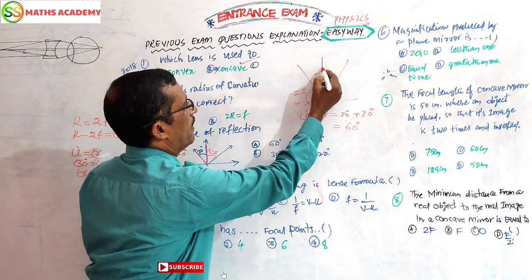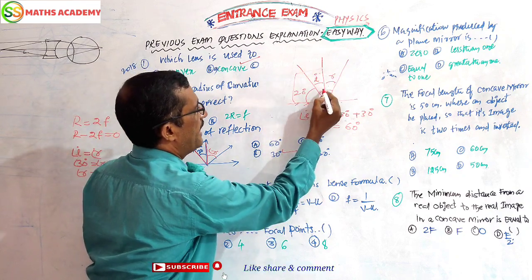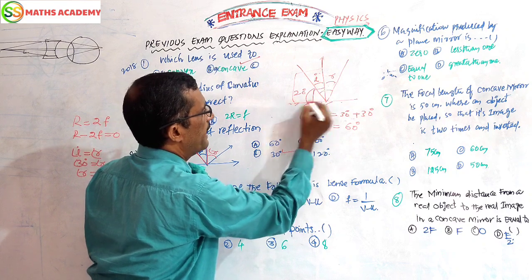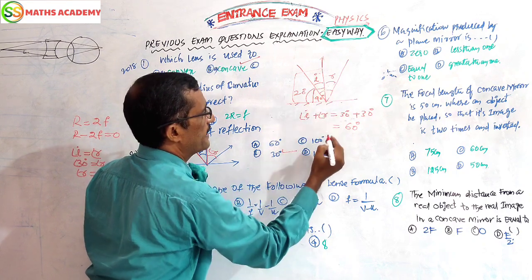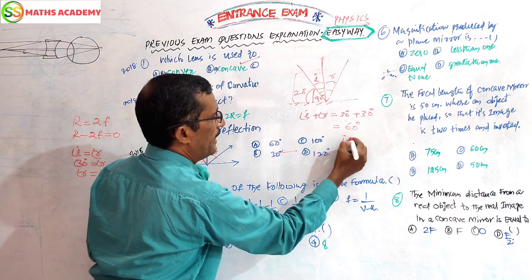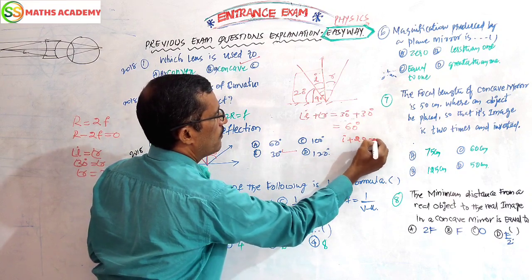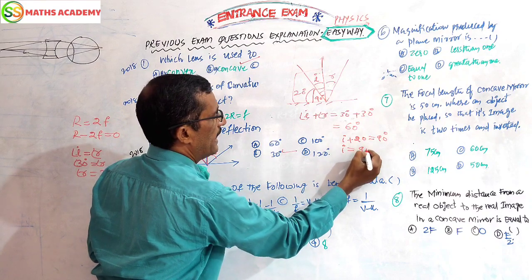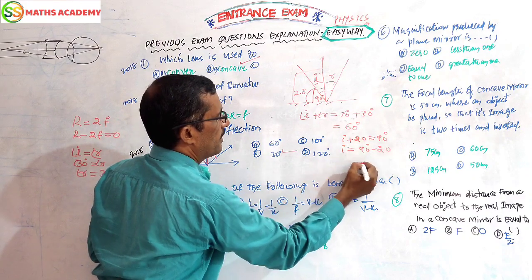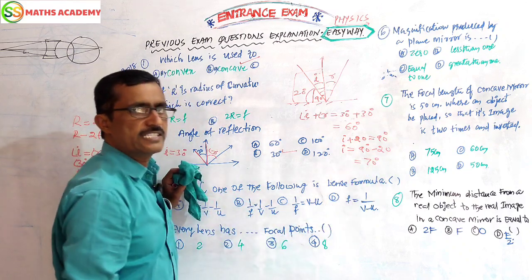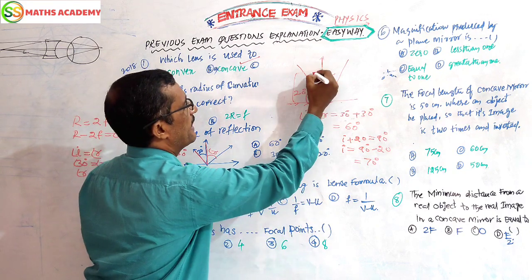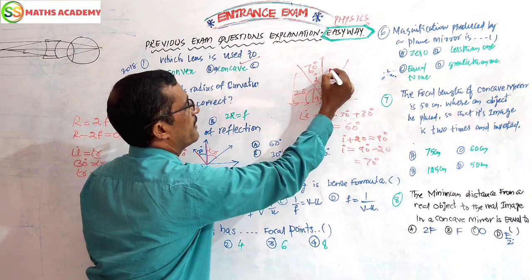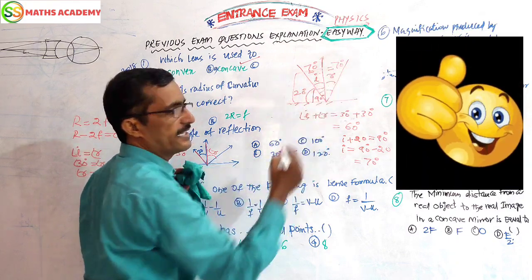From this diagram we can understand that the angle between the normal and the plane surface equals 90 degrees. So I plus 20 equal to 90 degrees. Then I equal to 90 minus 20, I equal to 70 degrees. Thus the angle of incidence equals 70 degrees, then the angle of reflection will also be 70 degrees.